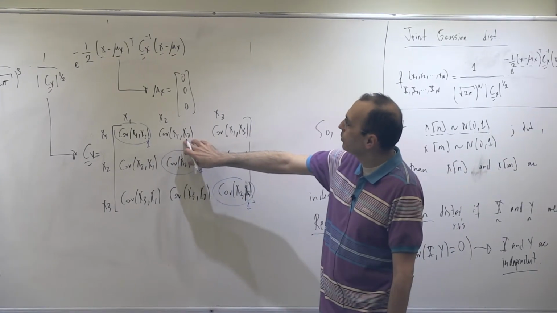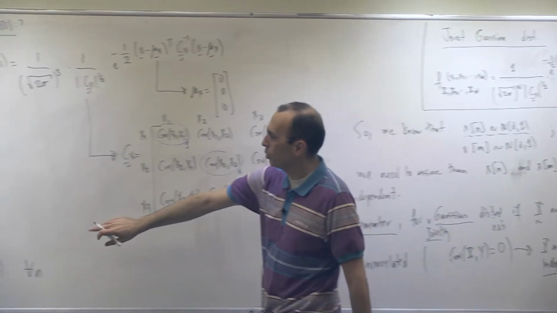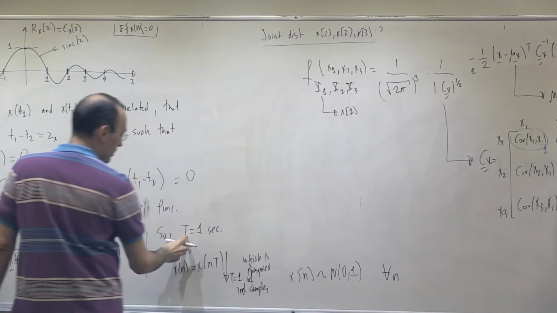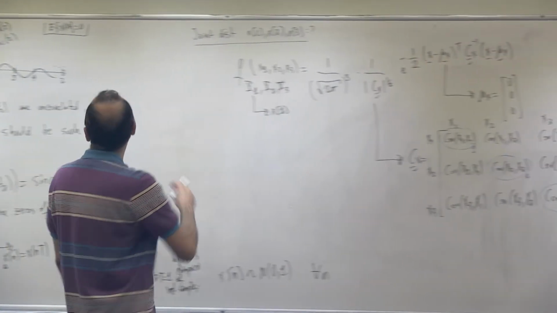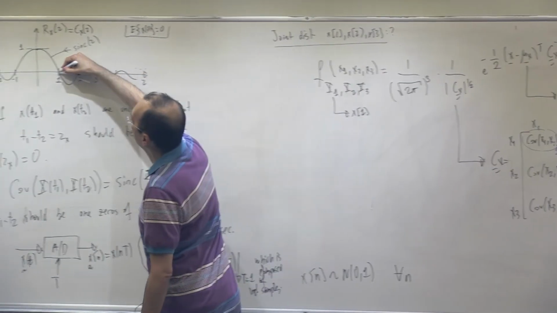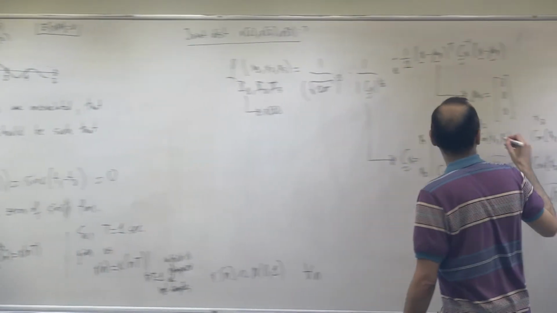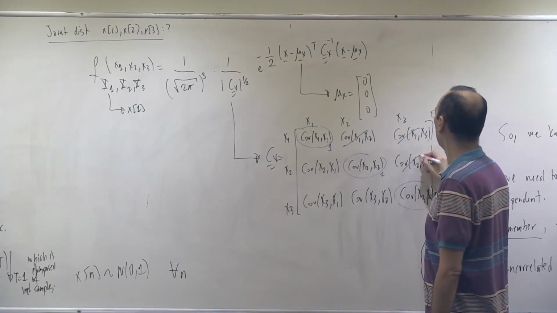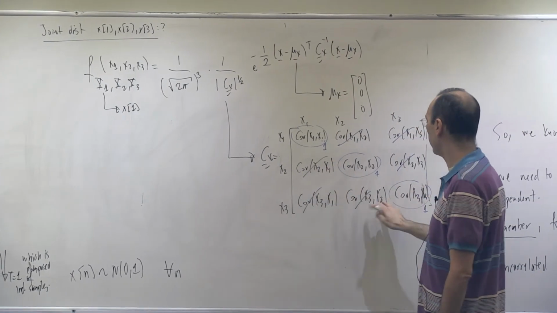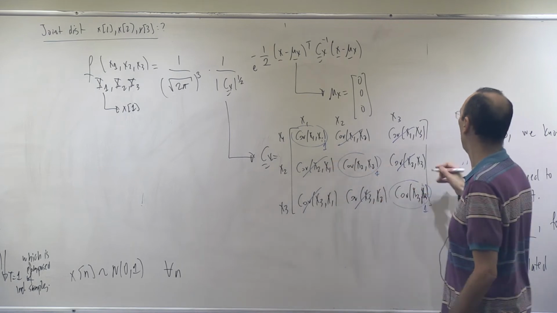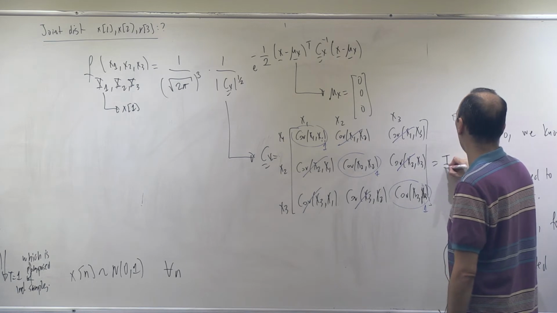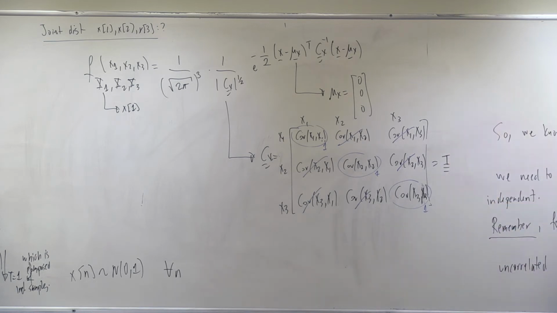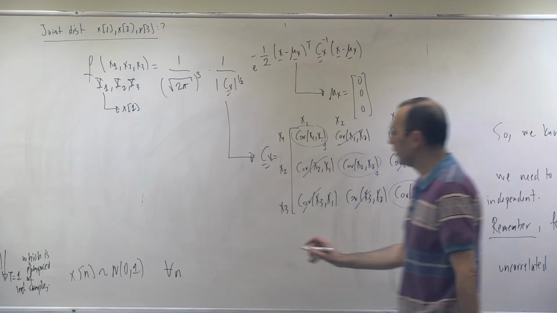Now, what is the separation between those two samples? According to our T equal to 1, 1 second. So you evaluate this covariance function at 1, you get 0. So this is 0, this is 0, this is 0. All of them are equal to 0 because this is 1 second, this is 2 seconds, and so on. So at the end, I get the identity matrix over here.